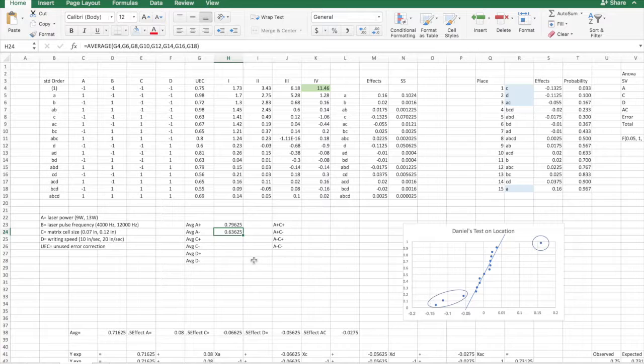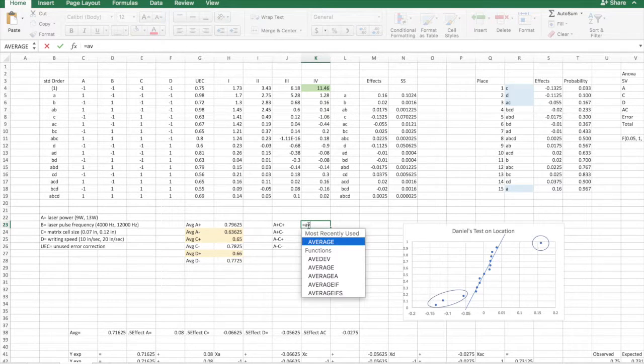Since we want to minimize, we have to then select A minus, because A, when it's in the low level, has a lower average. Then we go in here, we have to do the average when both A and C are high. To do that, we can do a little trick, and then we can go and see the standard order, and both A and C have to appear.